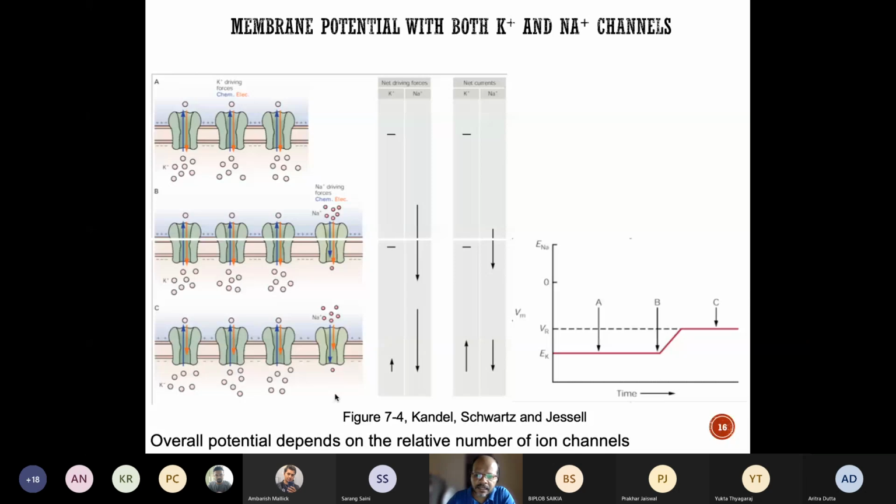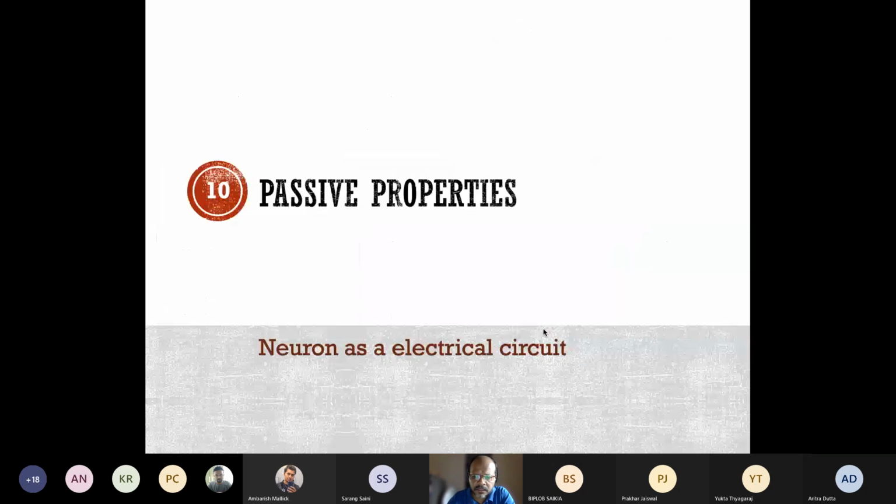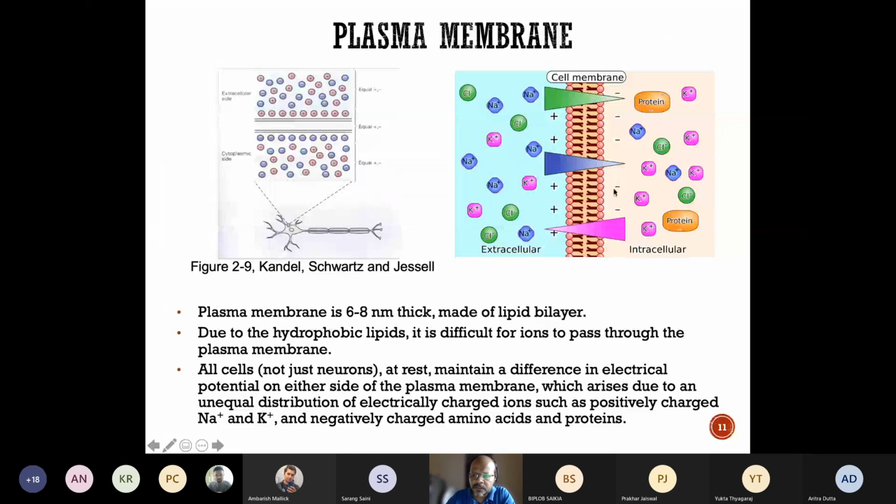Okay, so in the resting state, the potential is about minus 60 millivolts. So now I can go back to this first slide that I had shown you here. Notice this plus and minus that you see is essentially because of that. If I didn't have any ion channels that are open, both sides, the extracellular and intracellular regions, are typically balanced in charge.